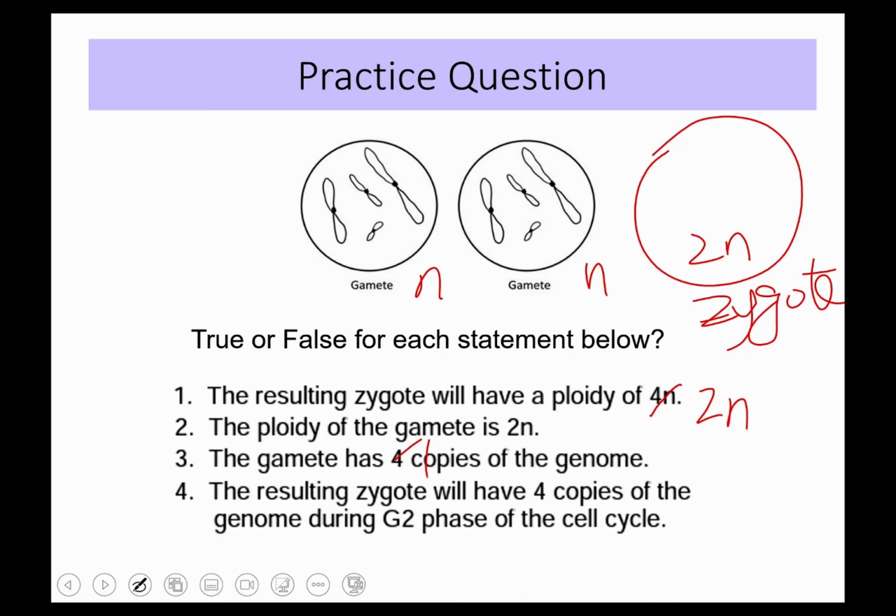To calculate this, first ask yourself, how many copies during G1? Multiply it by 2. So how many copies during G1? The zygote, 2. This is a 2N, 2C zygote. Just multiply it by 2. Yes, it will have 4 copies. So this, in fact, is true, and the rest are all false.